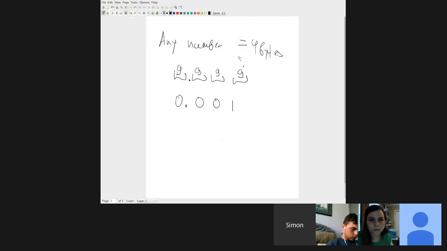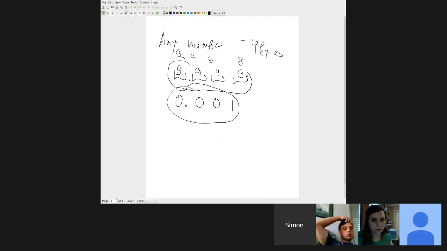It will be the same number with 8 in the last position. And the difference between these two numbers, like 9, 9, 9, 8, will be this. So this is called precision. This one is called the maximum, the range, in other words. So we're talking about range, and we're talking about precision.